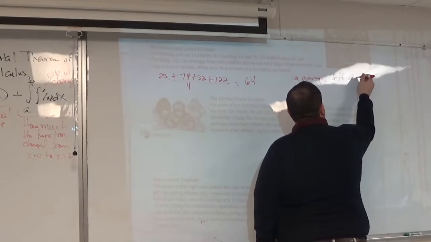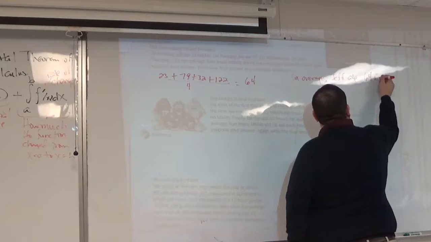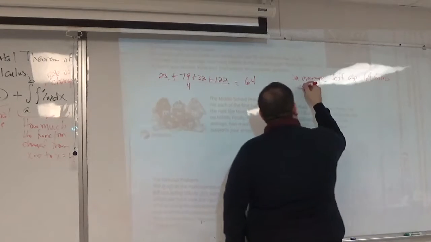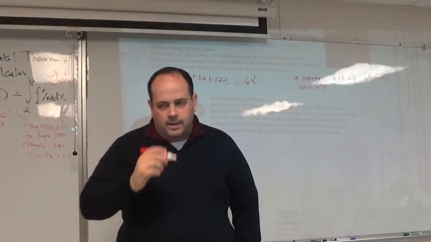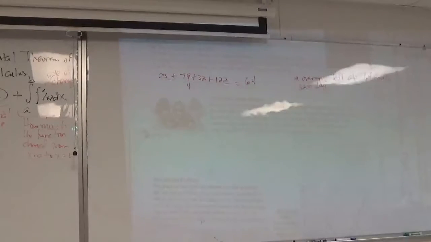Jeff ate 64 M&Ms each day. Okay. Try that middle school problem. It's actually kind of an AQR question. Don't say approximately, like on average. I definitely want to see on average.